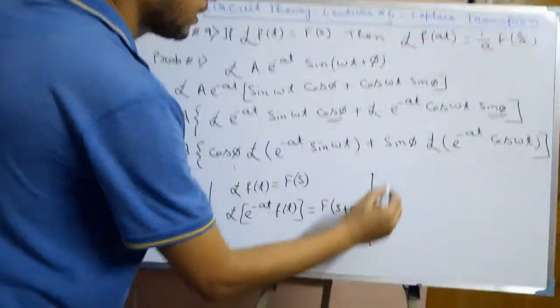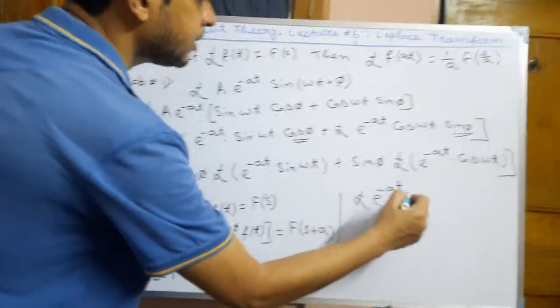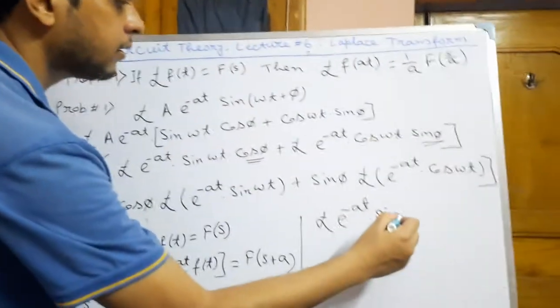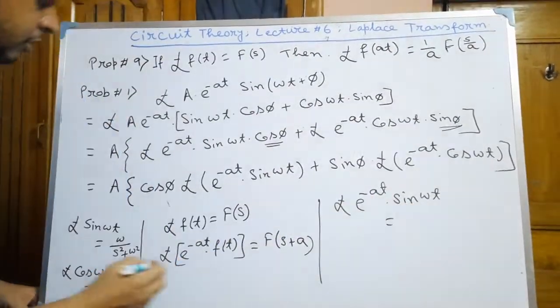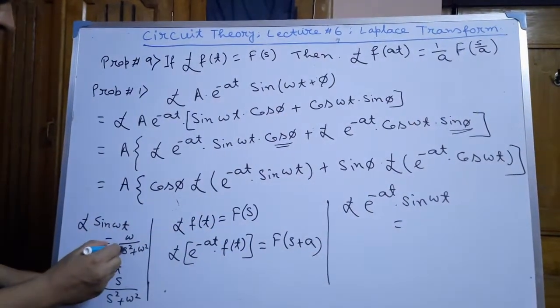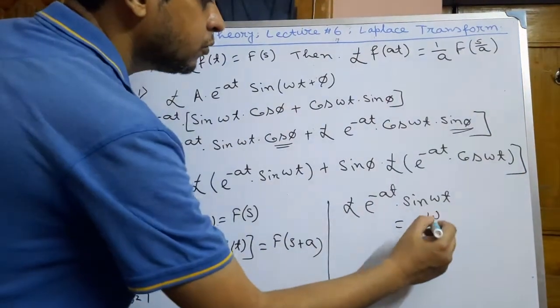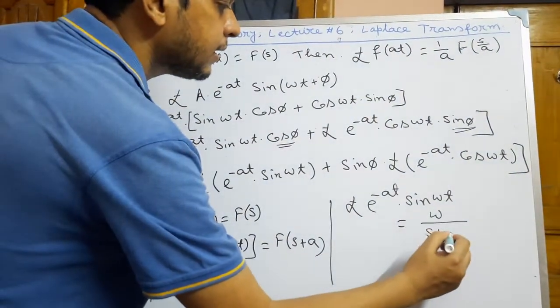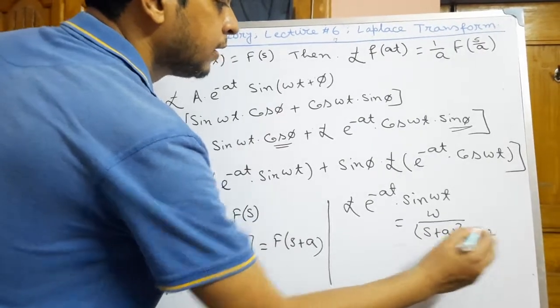Therefore, the Laplace transform of e to the power minus at sin omega t equal to what? We have to replace s by s plus a. So this is equal to omega by (s plus a) whole square plus omega square.